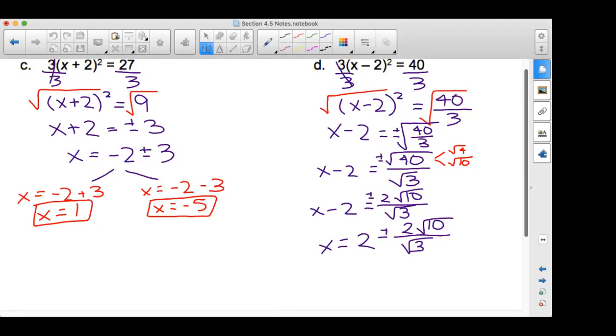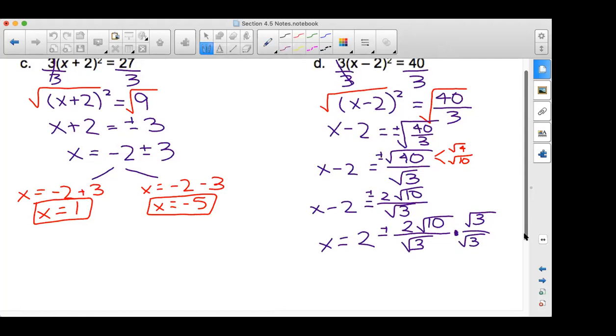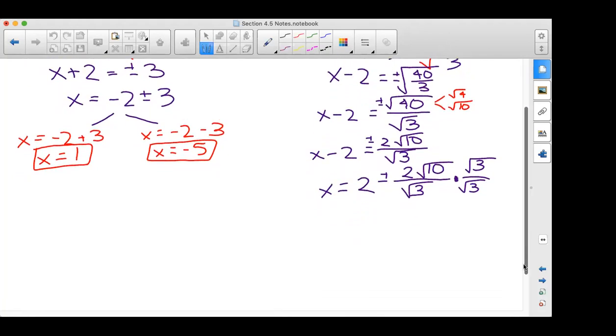Jada, don't you have to rationalize the 3? Yep. So how are we going to do that? You're gonna multiply 2 root 10 by square root of 3. Yeah, we gotta rationalize that denominator. We can't have those fractions in the denominator.